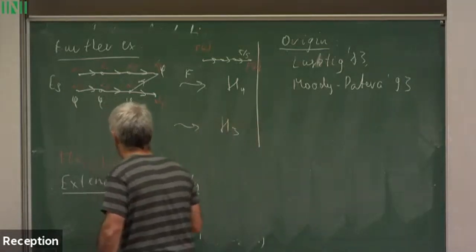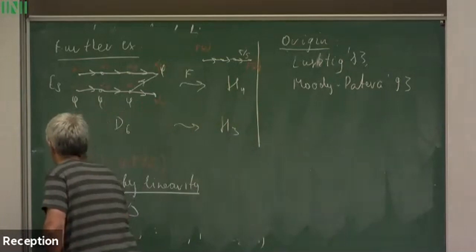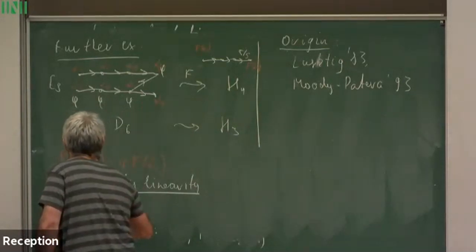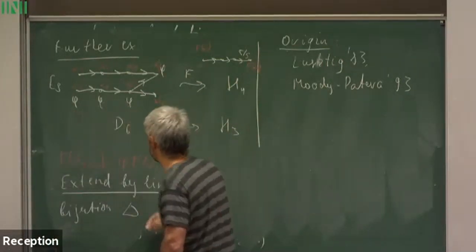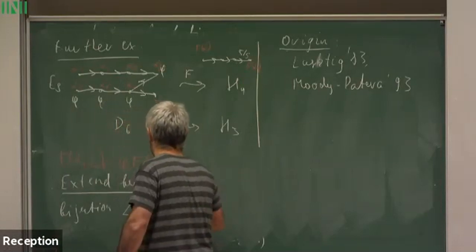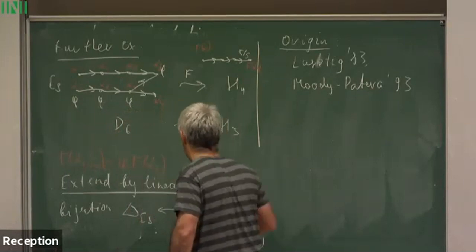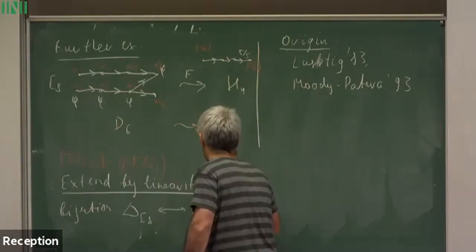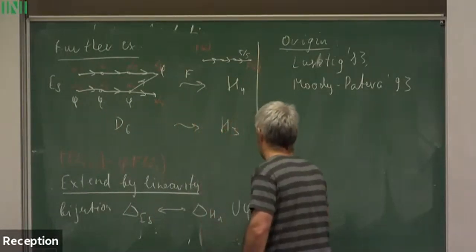This gives a projection map between the root system of type E8 and the root system of type H4 together with the phi multiples.